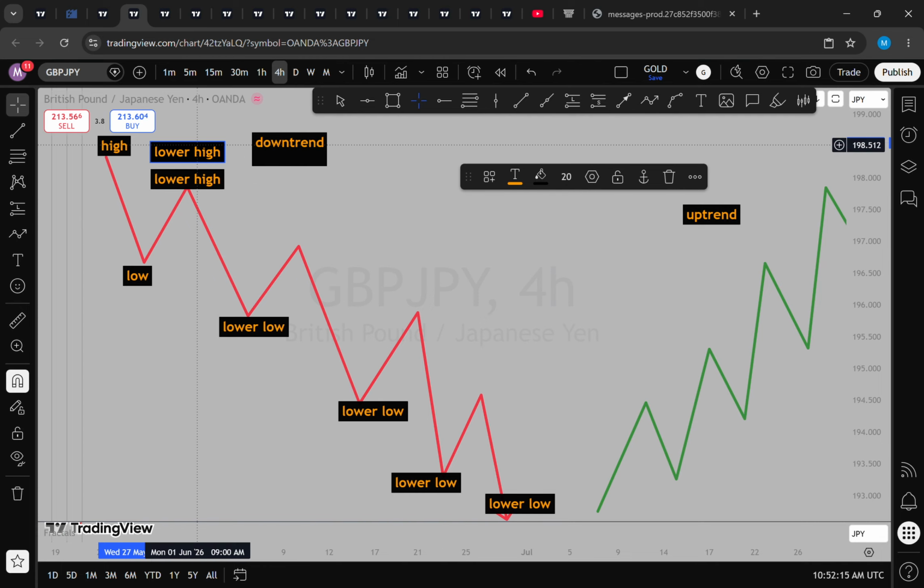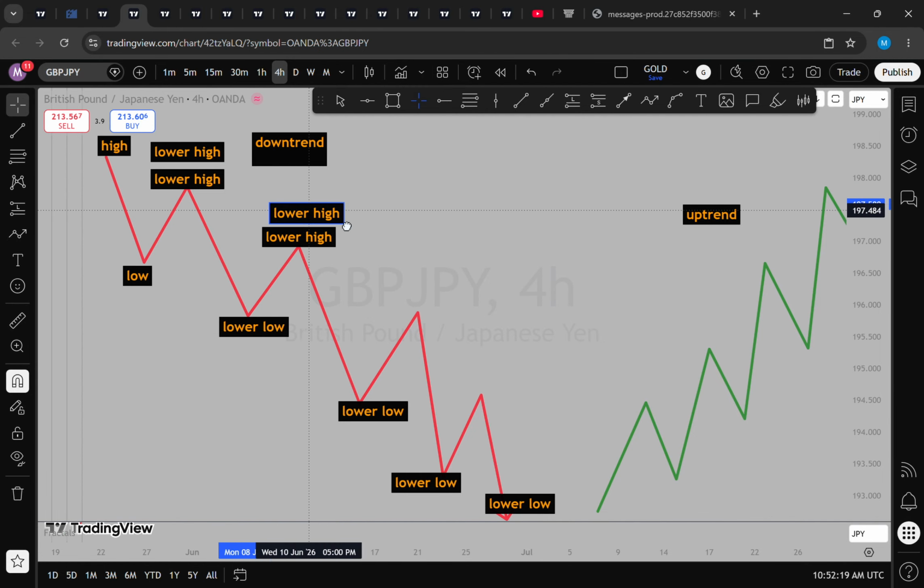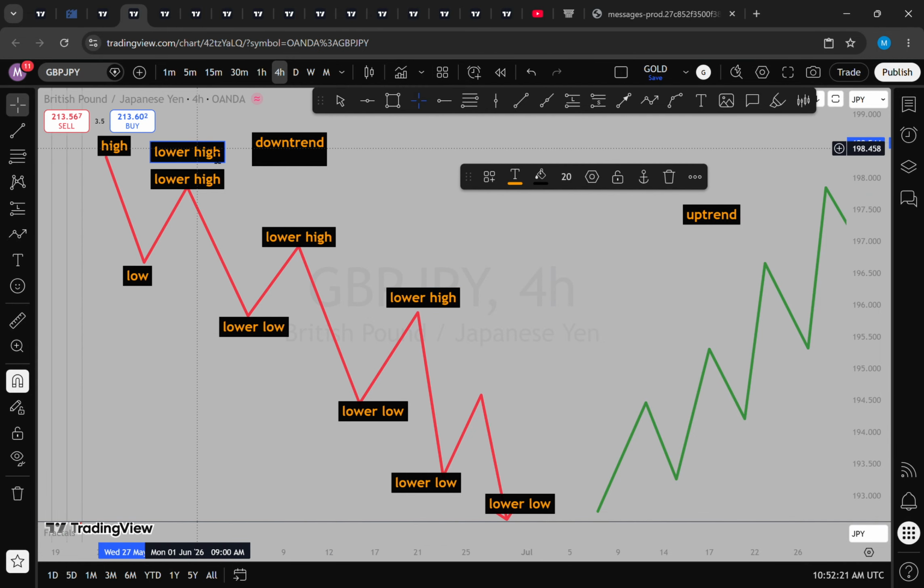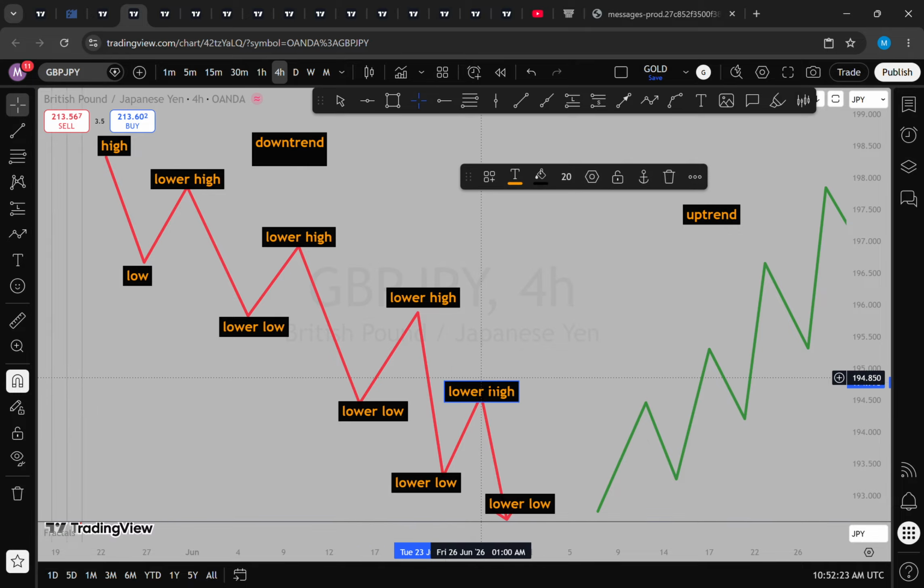And this is also a lower high, lower high, lower high. Why did you say this is a lower high? These are lower highs because this low is lower than this high.